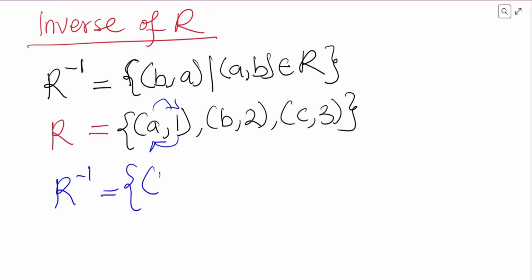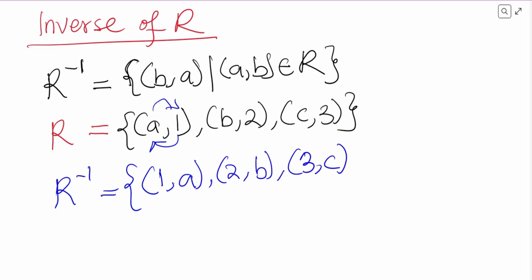So this is going to be 1A and 2B as well as 3C. So you just interchange the positions of the ordered pairs and that gives you the inverse of that particular relation.